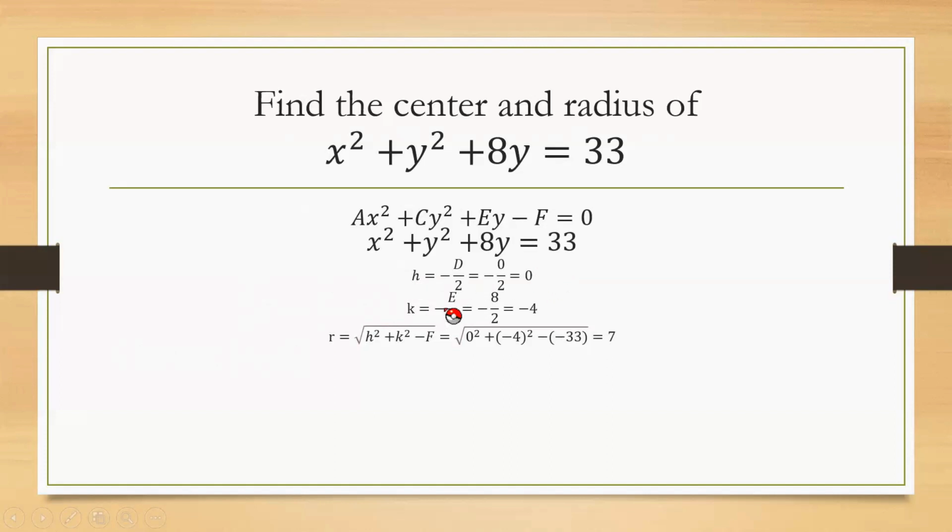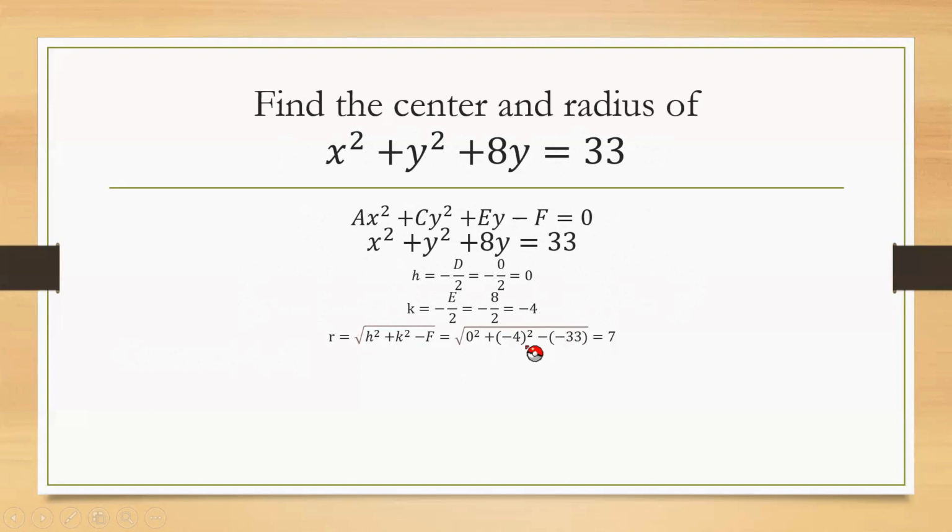For our k, our e for this equation is 8. So we simply replace e with 8. So -8 over 2 is equal to -4. Now that we have the values for h and k, we can get our r. So we simply replace the values for h, k, and f.